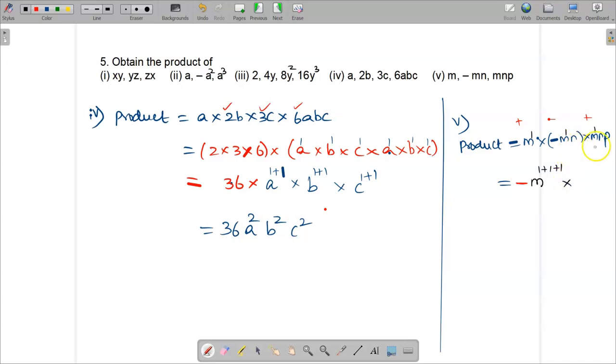And then n is repeated 2 times, n power 1, n power 1, so write only 1 time and add the powers 1 plus 1. And coming to the other variable p, p is repeated only 1 time, so just write it as it is. So it is minus m, 1 plus 1 plus 1 is 3, and then n, 1 plus 1 is 2, and then just write p. It is minus m cube n square p. This is the answer for the fifth problem.